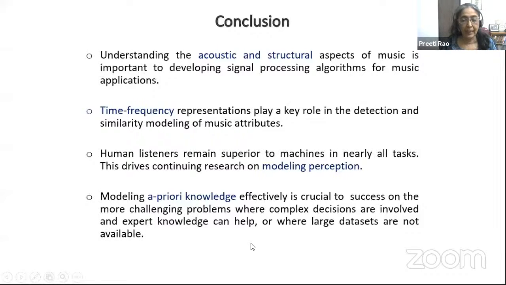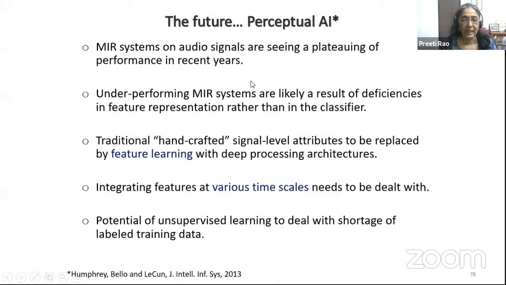And a lot of this work depends on data, and when large data sets are not available, that's where we must rely more and more on a priori knowledge. And the future in MIR is about moving to more deep learning methods, but also those which are perceptually informed. So that is what we would expect to see.